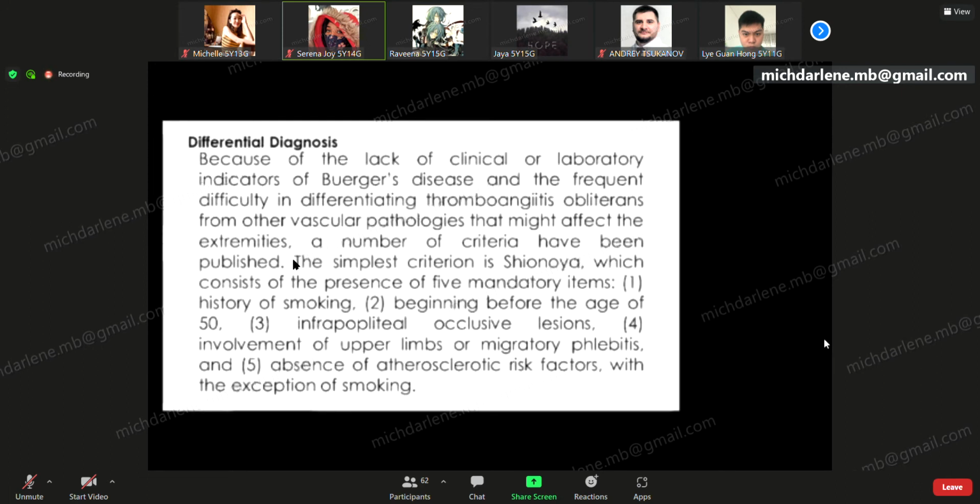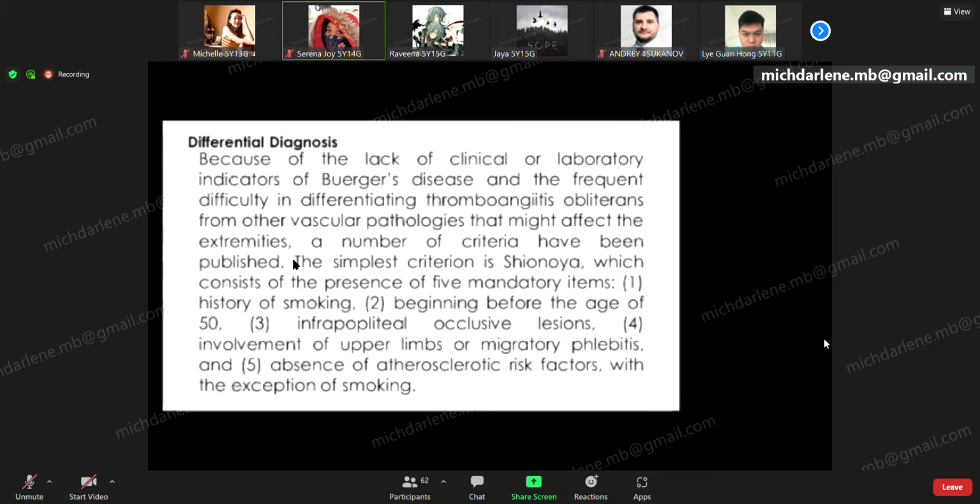Because of a lack of clinical or laboratory indicators of Buerger disease, and the frequent difficulty in differentiating thromboangiitis obliterans from other vascular pathologies that might affect the extremities, a number of criteria have been published.